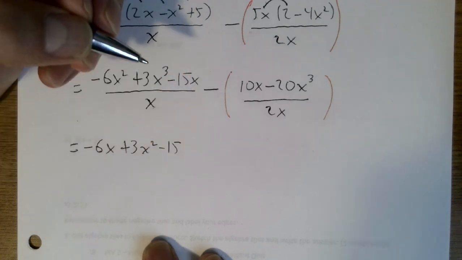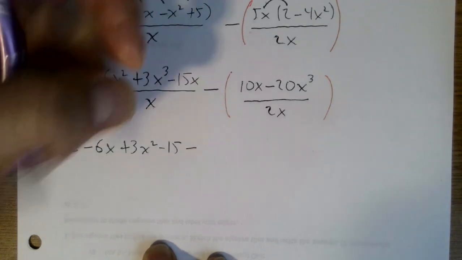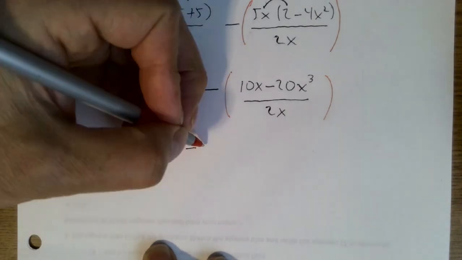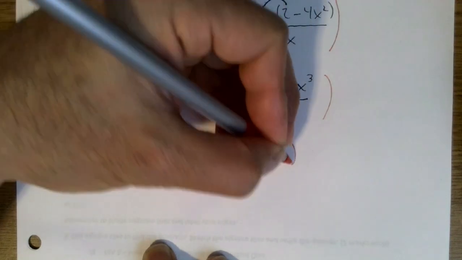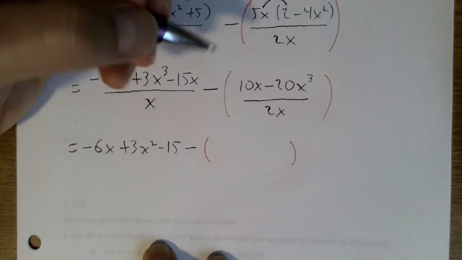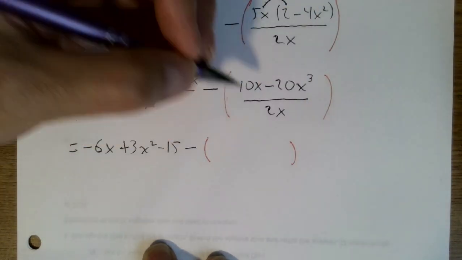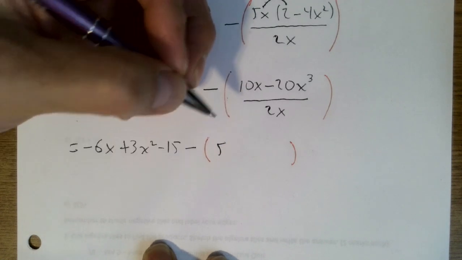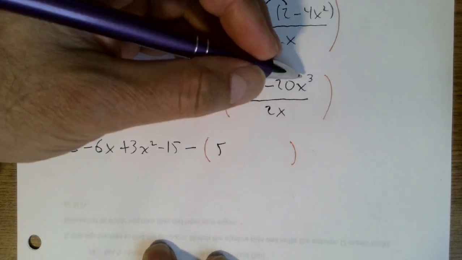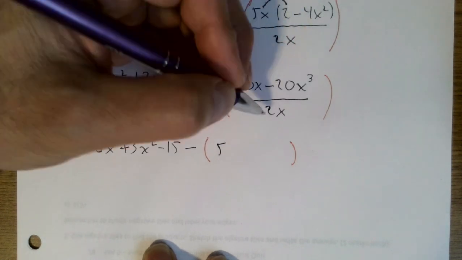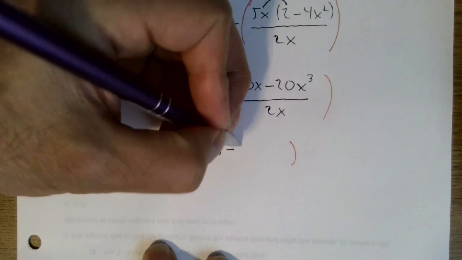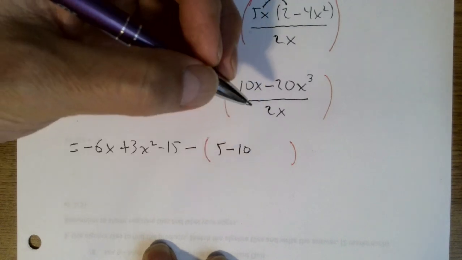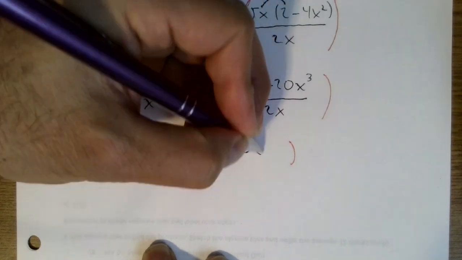And then minus 15. Okay, let's do our division here, remembering that we're going to be subtracting whatever we get as an answer. 10x divided by 2x is 5. Negative 20x cubed divided by 2x. So negative 20 divided by 2 is going to be negative 10. And then we know that x cubed divided by x is x squared.